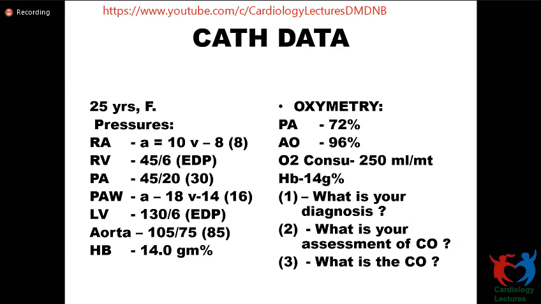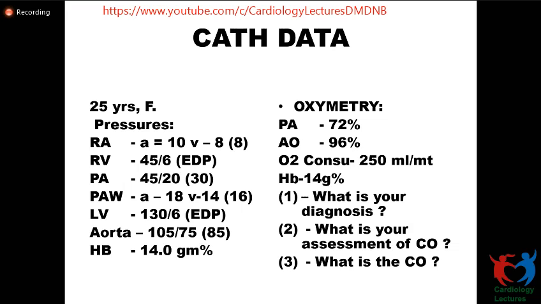Here, pulmonary artery diastolic pressure is 20 and wedge pressure is 16. Only a minor difference. So mostly it is a passive pulmonary arterial pressure elevation, secondary to elevation of the pulmonary venous pressure.